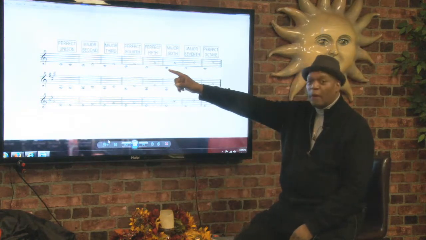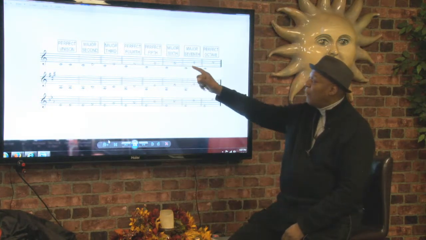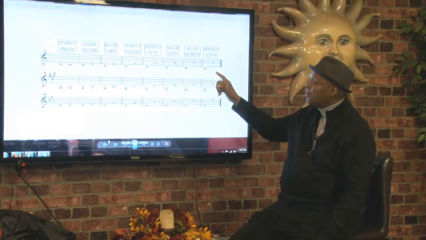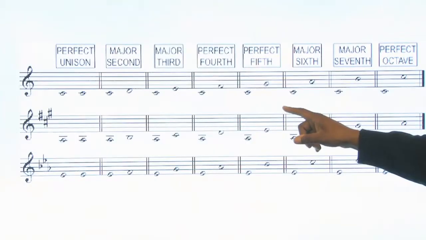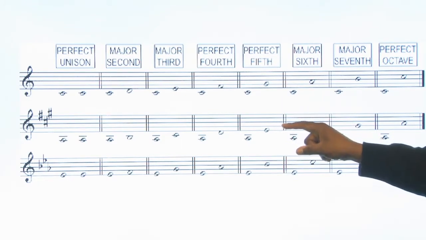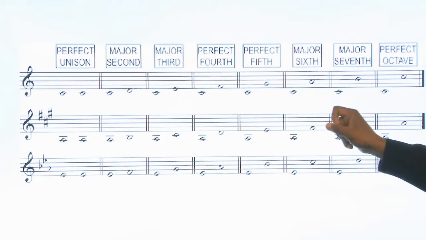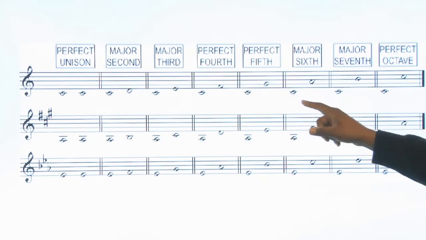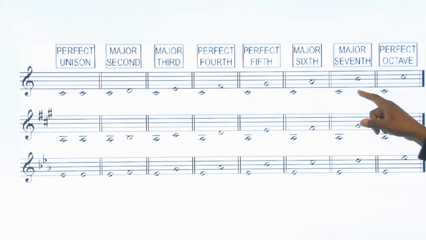Here we have an illustration of all the intervals in the major scale and how I illustrated them to you. Perfect unison, major second, major third, perfect fourth, perfect fifth, major sixth, and major seventh, and then a perfect octave.